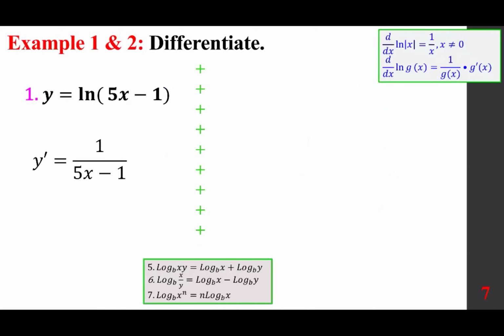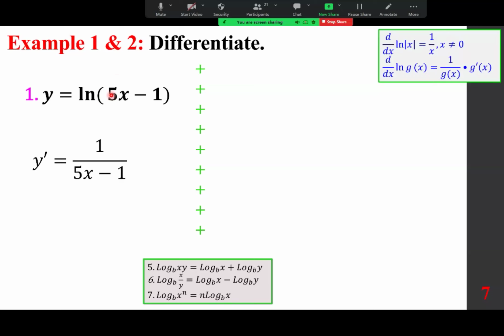And then what? Chain rule. This is g of x, so you need 5. And you just rewrite it, you're done. 5 over 5x minus 1. So that's y prime.